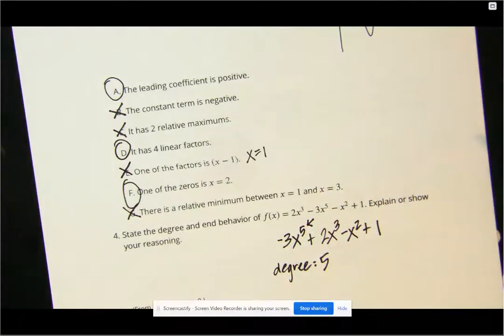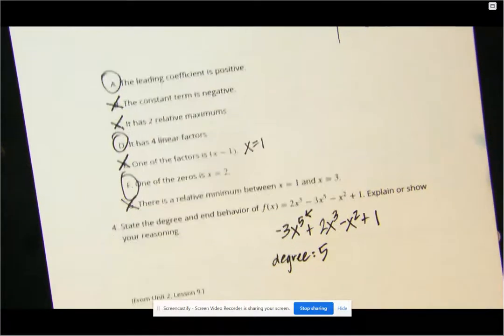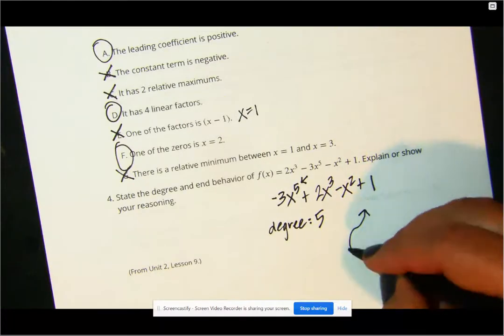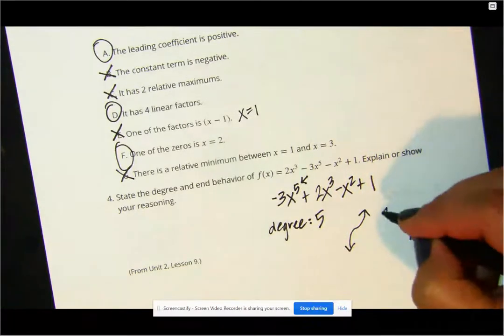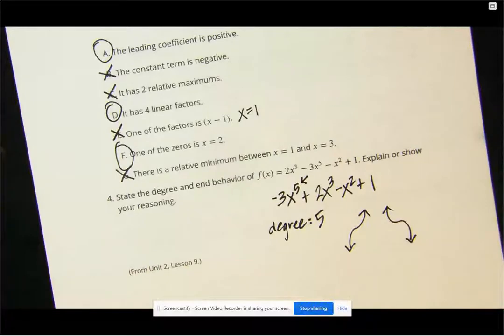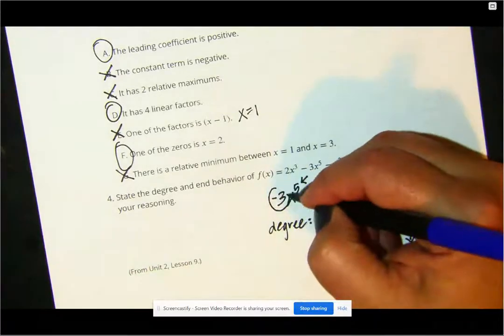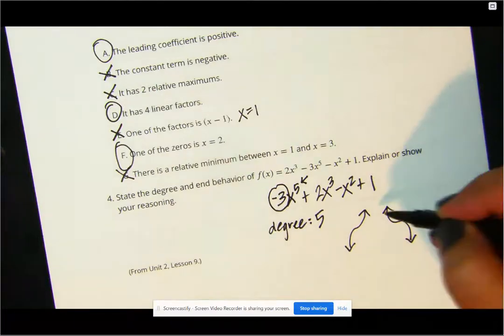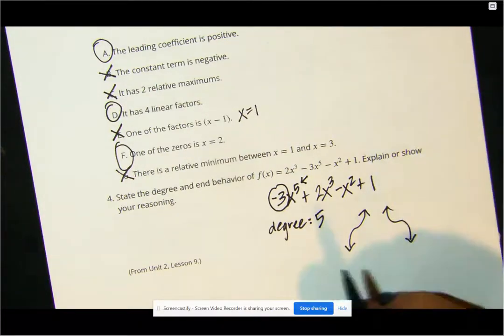And then the end behavior, okay, so an odd is going either like this or like this. And how do you know which way it goes? Because of the leading coefficient. Well, it's a negative. So negatives go up to the left, down to the right, right?